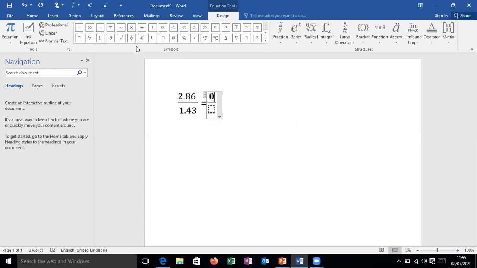So I'll be left with 0.50. This is the same as 0.5 all to the power y. Good.